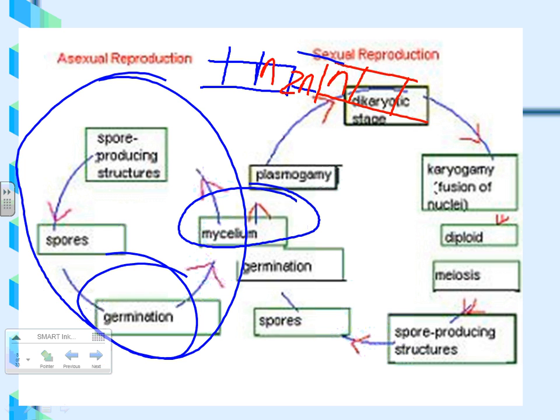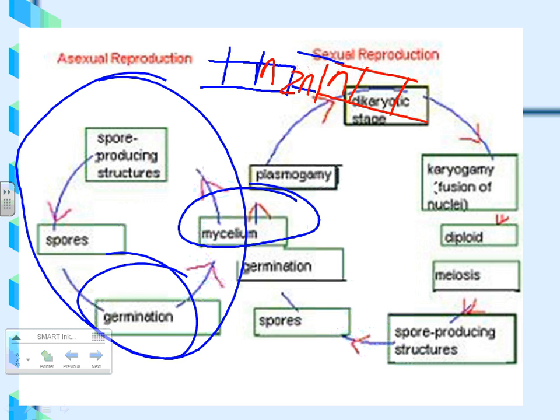It's sort of like what might happen in a human couple: haploid plus haploid to give you diploid. When that happens, that is called fertilization, correct? Haploid sperm plus haploid egg gives you diploid.